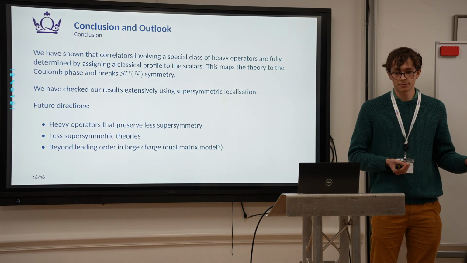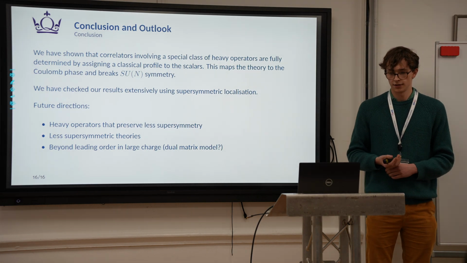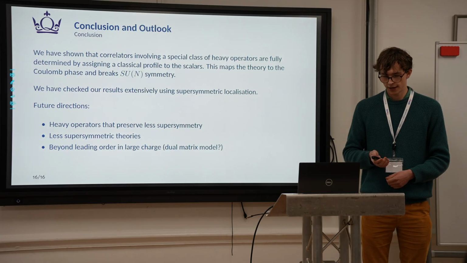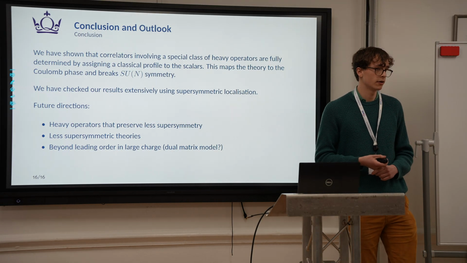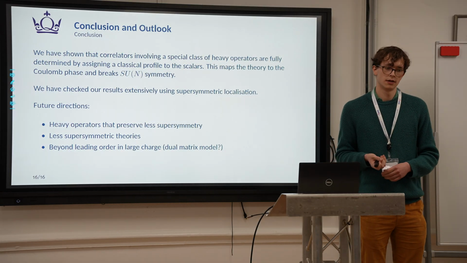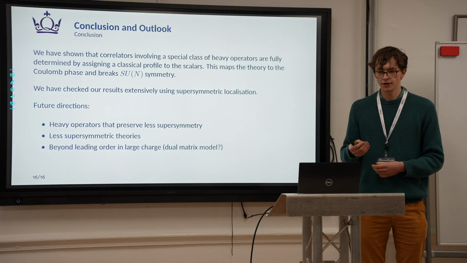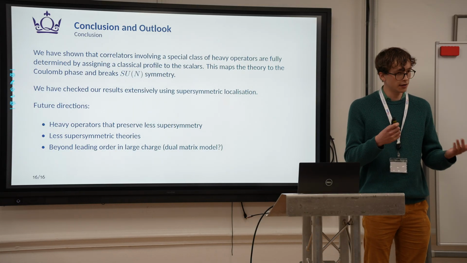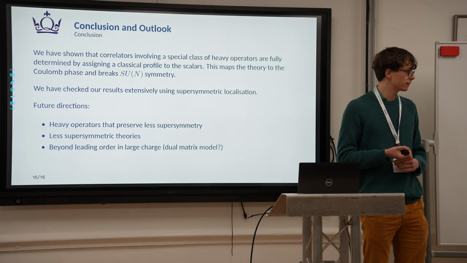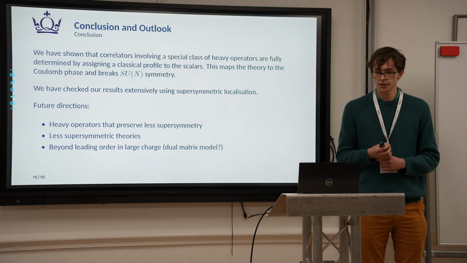This maps the theory to the Coulomb phase and breaks SU(N) symmetry. We show how this works for 3-point heavy-light correlators and 4-point heavy-light correlators. Once we did that, we checked our results extensively using supersymmetric localization.